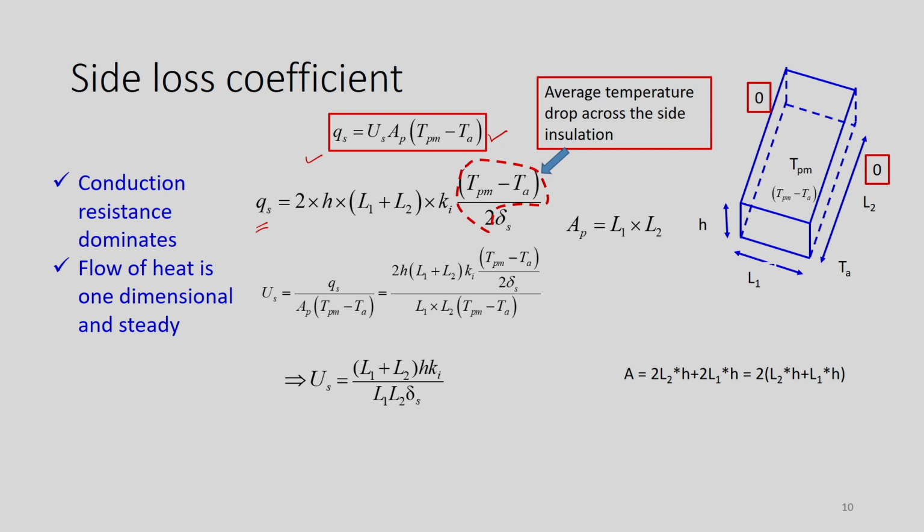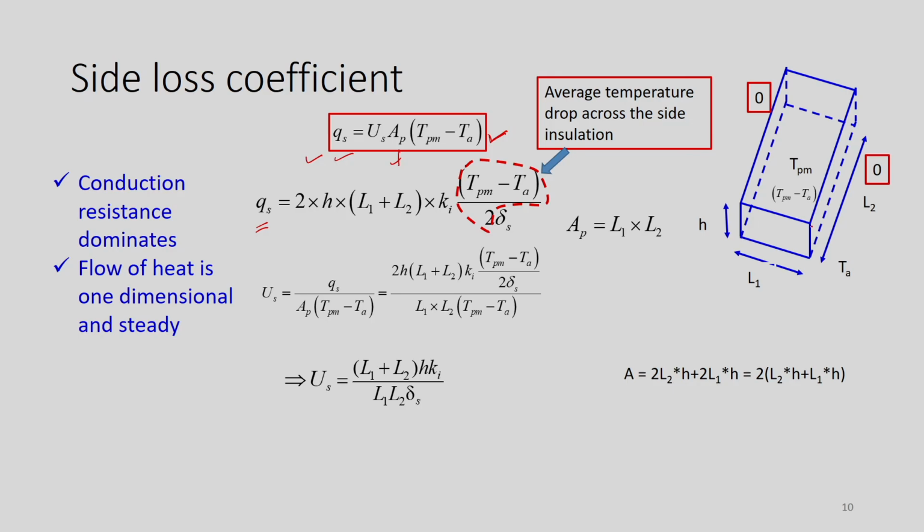Here also conduction resistance dominates and the flow of heat is one dimensional and steady. As we know, Qs can be expressed something like this: Qs is equal to Us multiplied by Ap, Tpm minus Ta, right. So, here Ap we can calculate something like this.